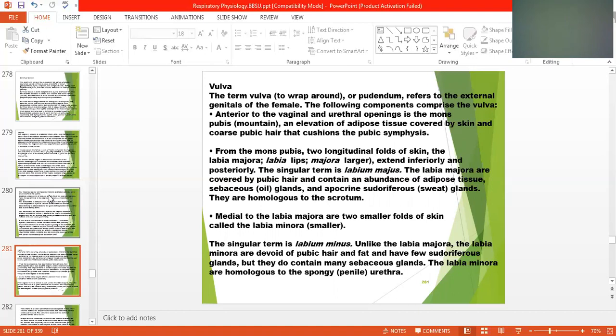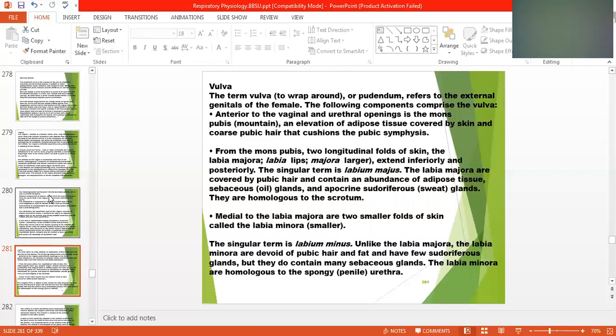The singular term is labium majus. Labia majora are covered by pubic hair and contain an abundance of adipose tissue, sebaceous oil glands, and apocrine sudoriferous sweat glands. They are homologous to the scrotum.